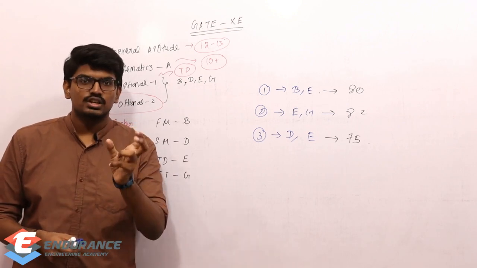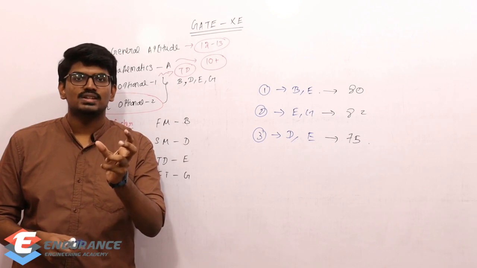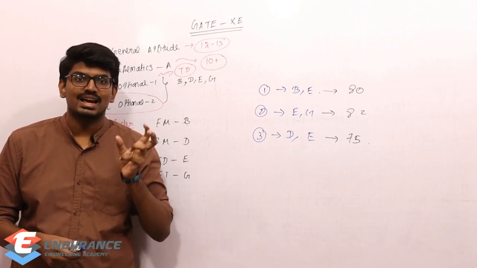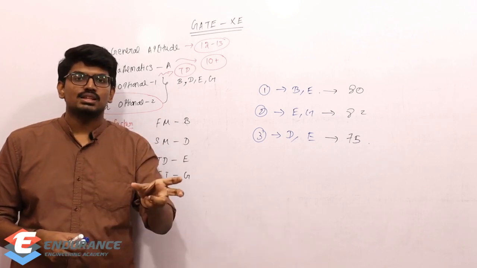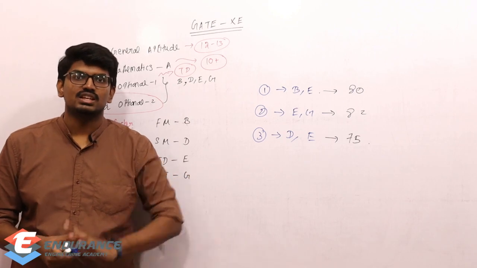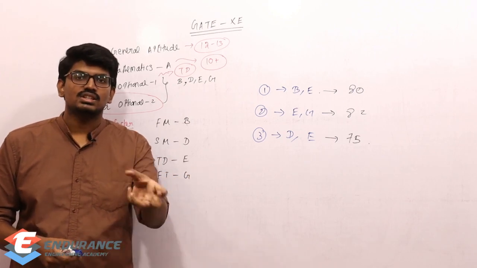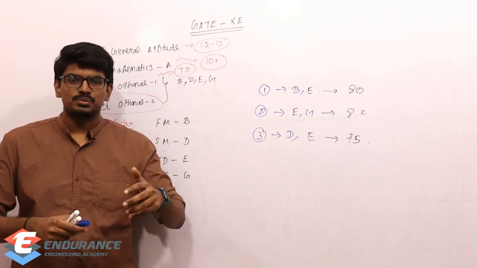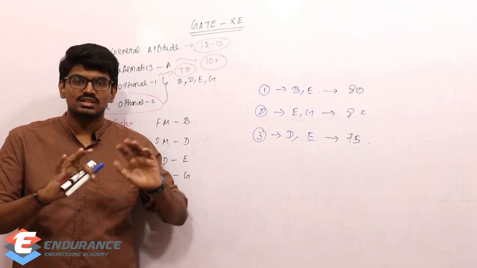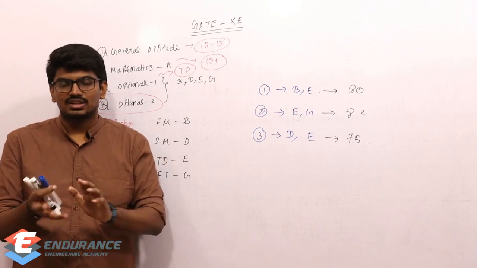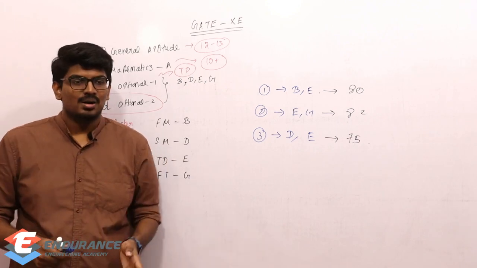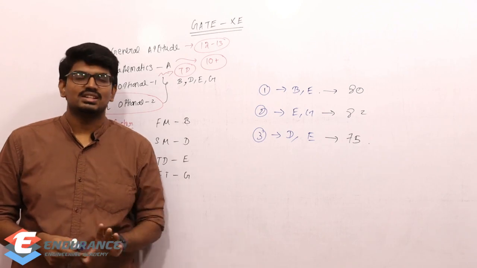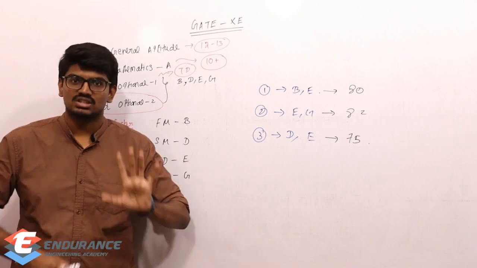Those types of new terminologies, small terminologies, they introduce in mathematics topics every year. Suddenly they introduce one small change, and if you solve that question calmly after the exam you can, but within 2 to 2.5 minutes it's very difficult to solve those types of questions.